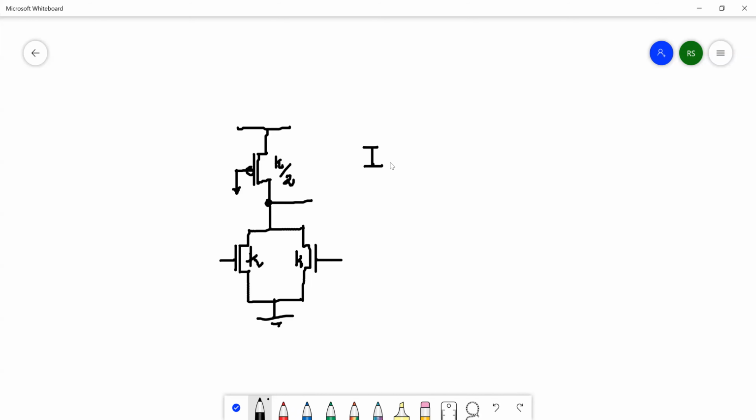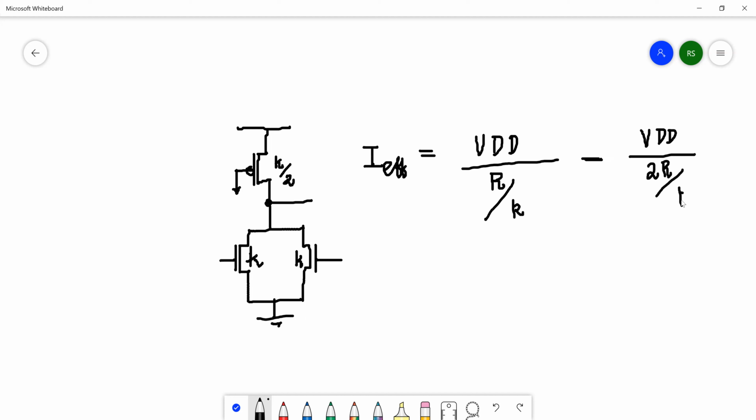So I effective equal to VDD by R by K, minus VDD by 2R by K by 2, and then this should be equal to VDD by R. And then solve for K, cancelling all the VDD and Rs.